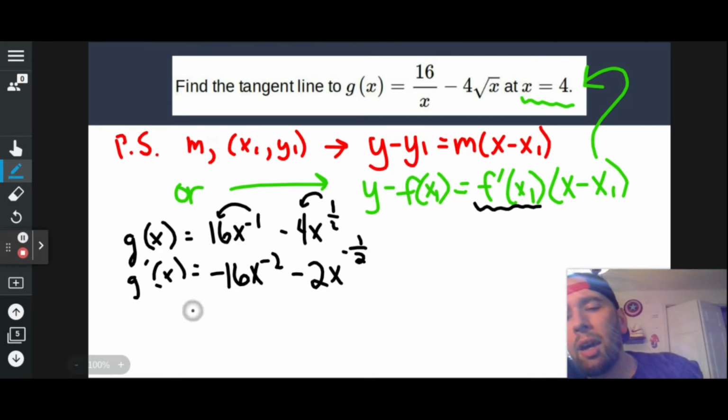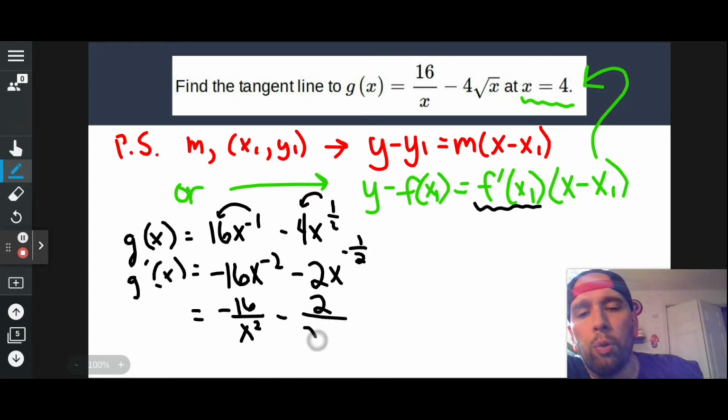So I'll rewrite that as negative 16 over x squared minus 2 over root x. And that's g prime of x.